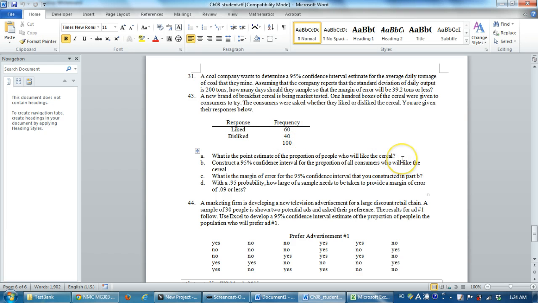Question A is, what's the point estimate of the proportion of the people who will like the cereal? Obviously it's 0.6. For question B, we need to decide the confidence interval.